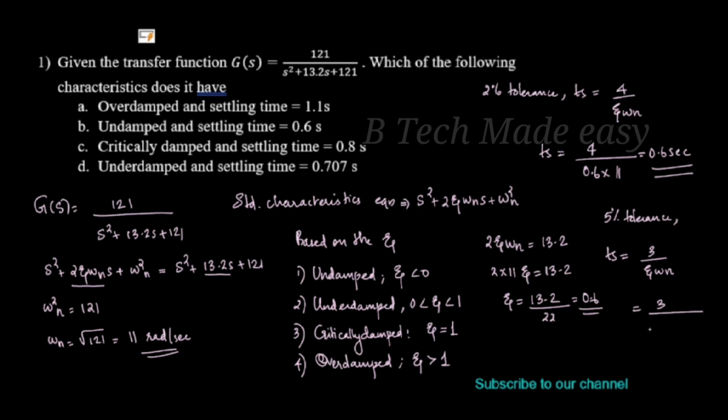That is 3 divided by 0.6 into 11, which is equal to 0.45 seconds. So here the system is underdamped, that we all know. But the settling time equal to 0.707 is not the correct option.